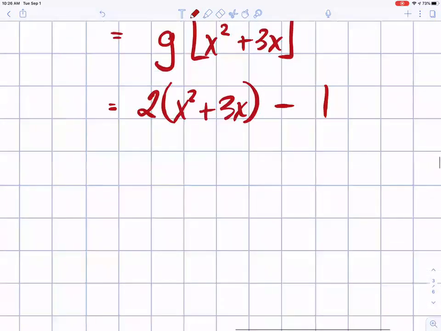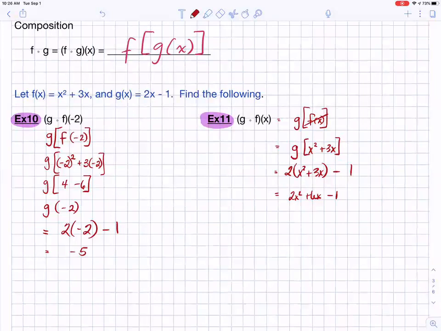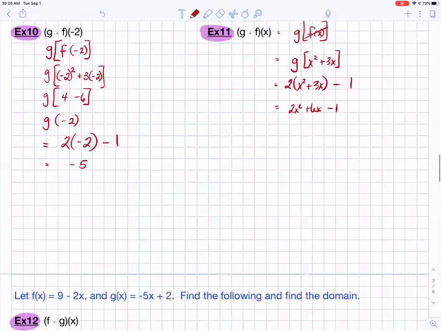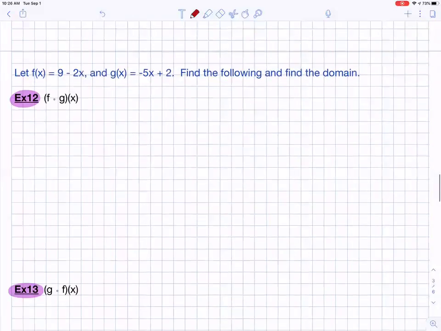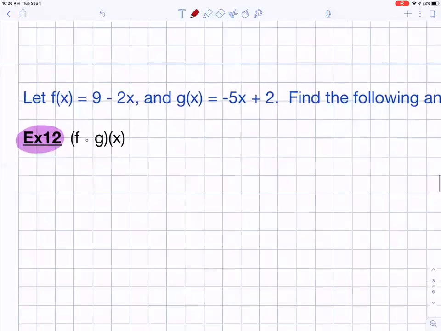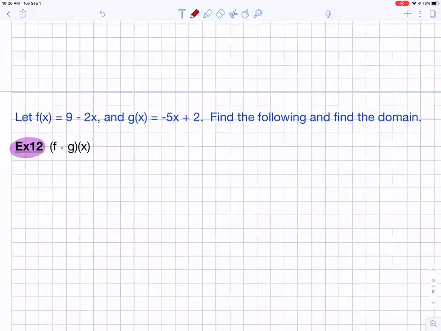Let's distribute the 2. What do you get? And then that minus 1 is just hanging on. Did I have to find domain? No. I hope there's another one of those so I can make up for my mistake.